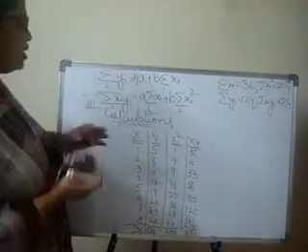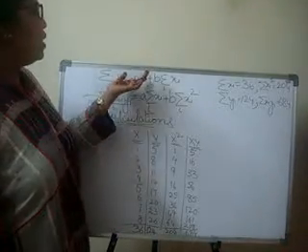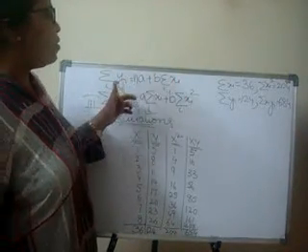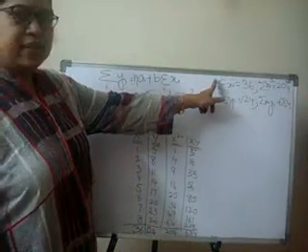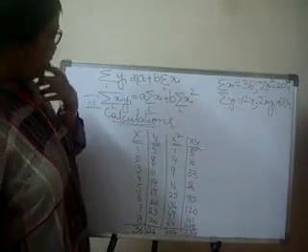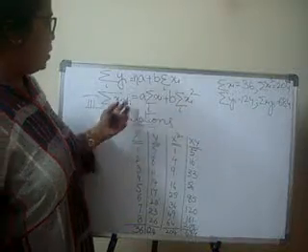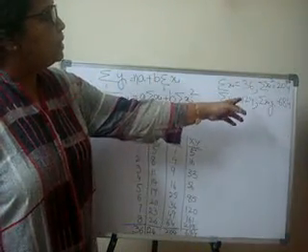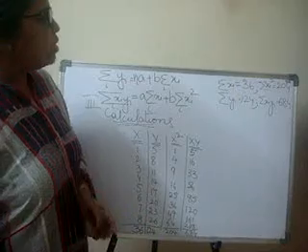Now with the given data, what we require in the normal equation is summation xi, summation yi. We got it. Then we want summation xi square and summation xi yi. We got those too.